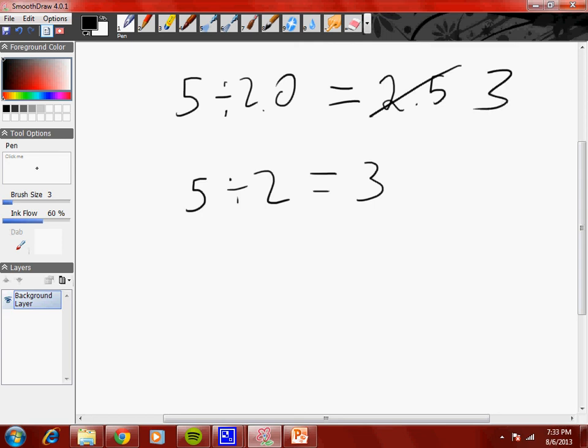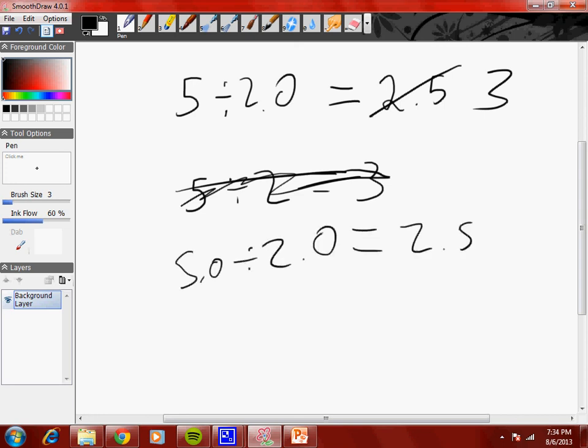But imagine you did 5 divided by 2 scientifically, then your answer needs to be 3, because this only has one significant figure. This has to be 3, because this number is not accurate.